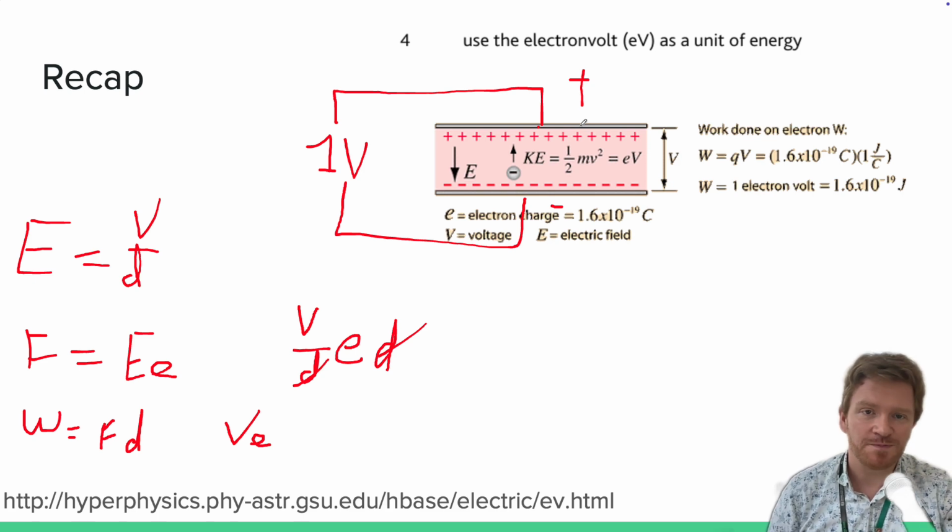Now, quite often, we do actually accelerate particles with voltages, and we want to know about how much energy we give them. So rather than doing it in joules, which often gives me a very small number, we use the electron volt. So the electron volt is a unit of energy equal to the charge on an electron multiplied by 1 volt for 1 electron volt.